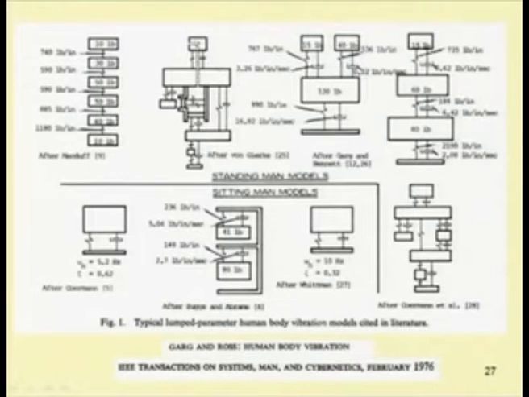Or one can develop another type of model where this portion can be represented as the spinal cord of the system, then these are different spring and mass damper systems. This is the head, and starting from the leg and head we can attach different springs and masses and convert the human body to a dynamic model, and this dynamic model can be simplified.